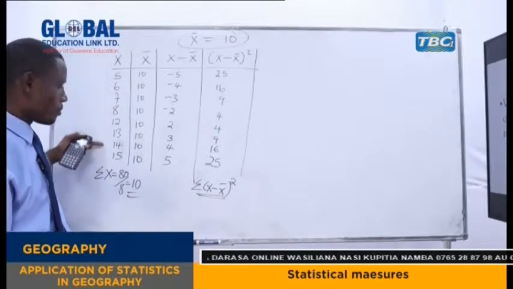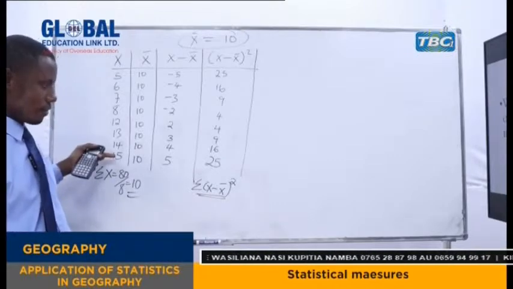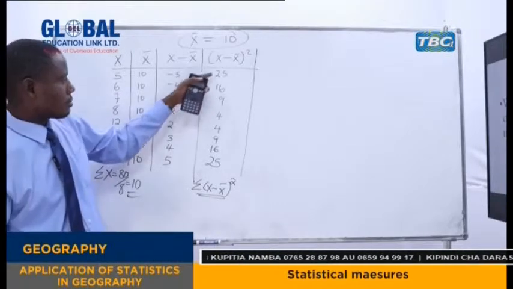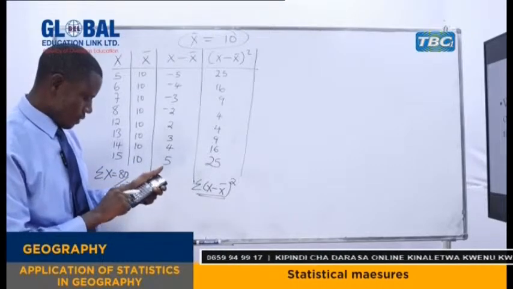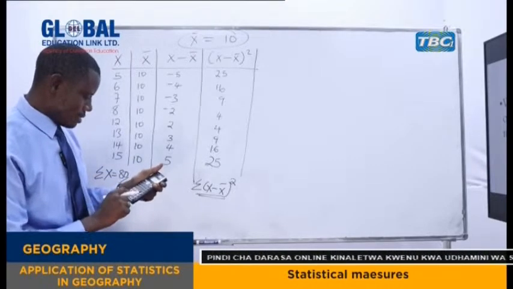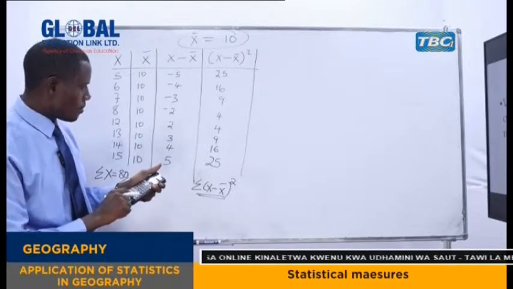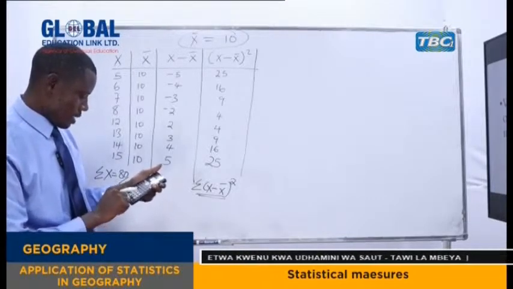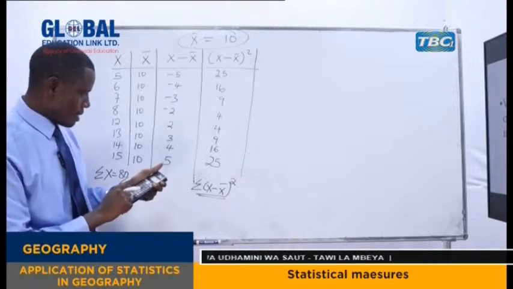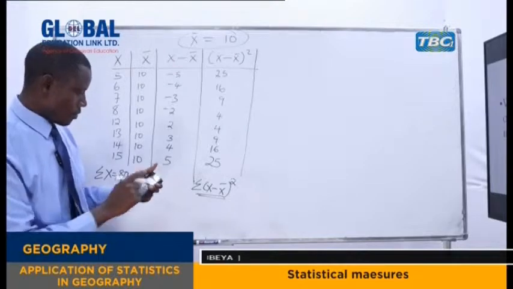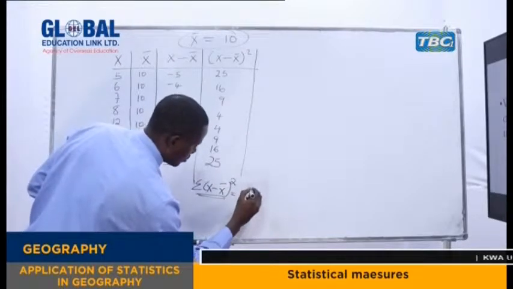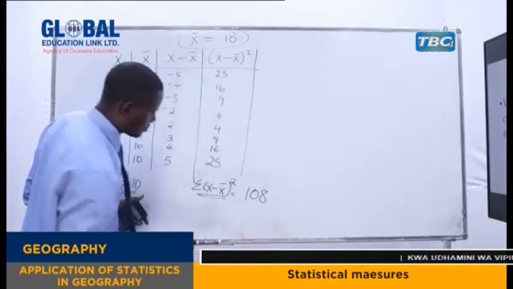N is the number of x that we have over there. So we find the summation of that particular column: 25 plus 16 plus 9 plus 4 plus 4 plus 9 plus 16 plus 25. Then we come up with a total of 108 for that column.